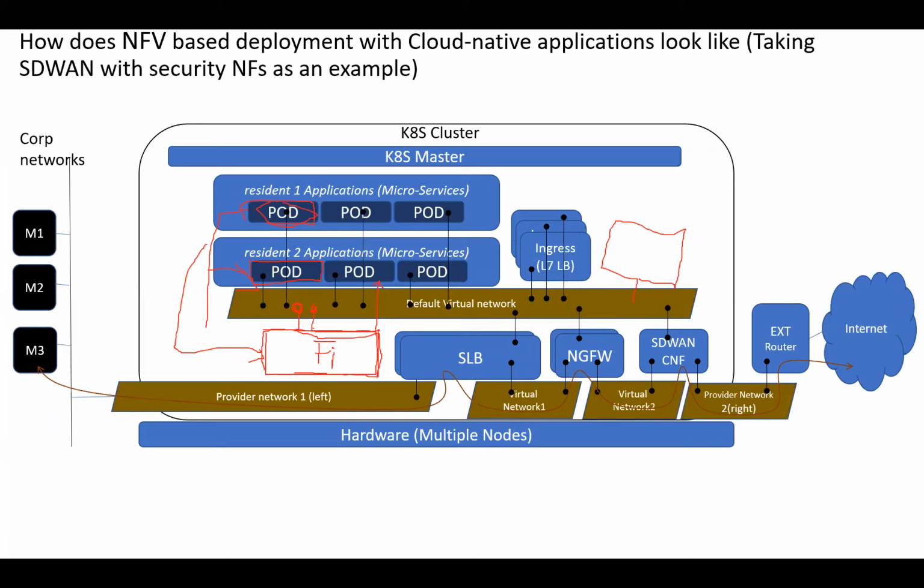Yes. In this case, it should be seamless, so pod A to pod B should be seamless. We cannot modify the routing table of the pod to divert the traffic through the CNF. It may be an easy case, yeah.